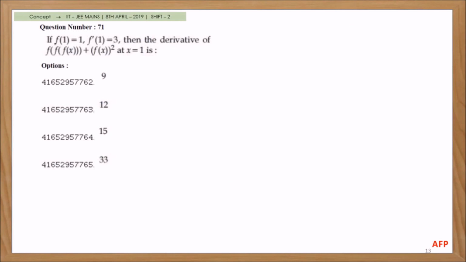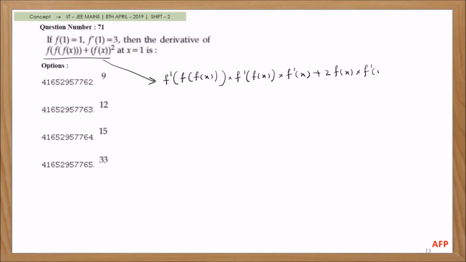Next problem. f of 1 is given, f dash of 1 is given, but we have to find the derivative of this. So if you differentiate this with respect to x, f dash of x into f dash of x plus 2 times f of x into f dash of x.